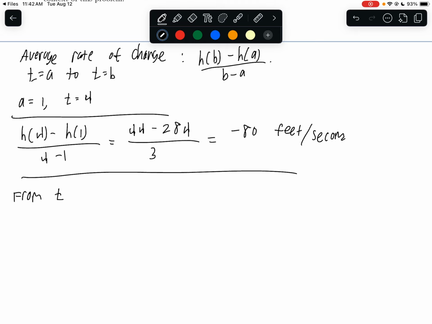So we would want to say that from t equals 1 to 4, the interval that we're looking at, seconds, what is happening? So the height of the ball, the thing that the function's measuring, would decrease because we got a negative number.